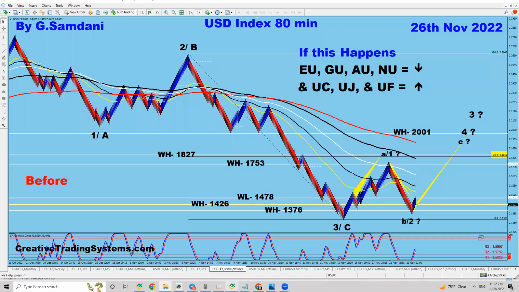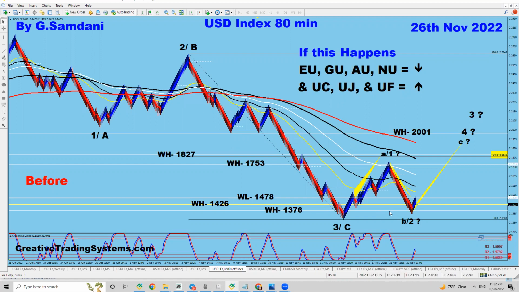Similarly, right now, when the week starts on Monday, if this starts to go up, what I will be looking for is that these three pairs will show me a short entry, and these two will show me a long entry. I mean, these three actually, and these four, right? If you like to trade Aussie USD, that's fine, but I don't. So these are the opportunities that will be in hand.